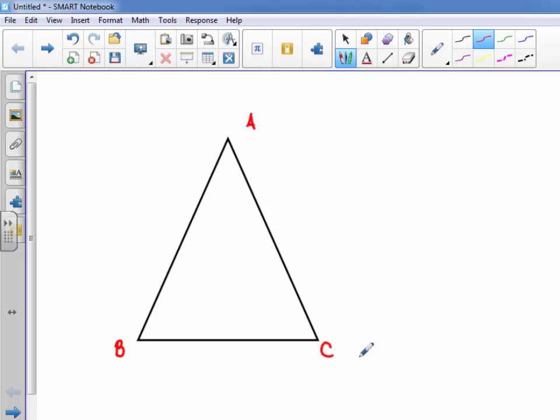And let's say this triangle is equilateral. That means the three sides are equal. We know from previous lessons that because it's equilateral, each angle is equal to 60 degrees. So 60, 60, and 60.